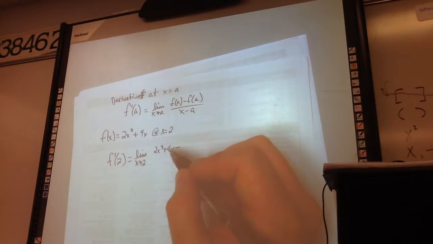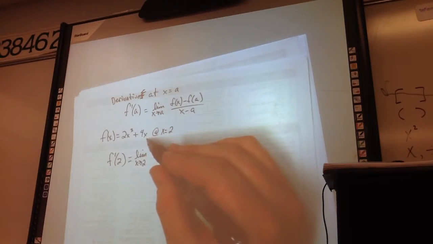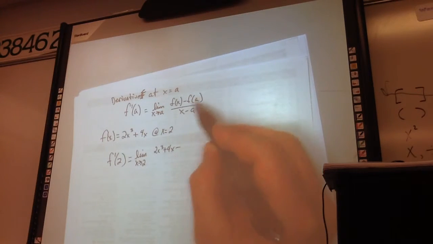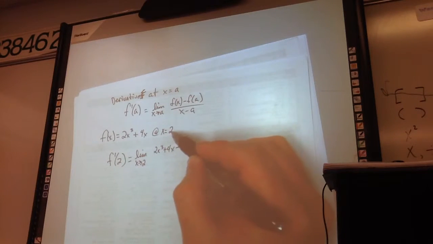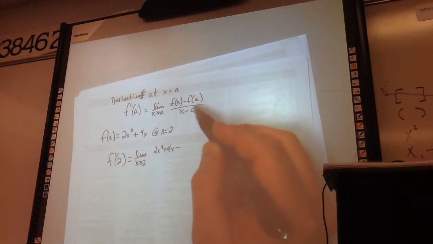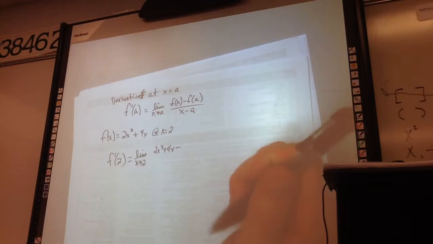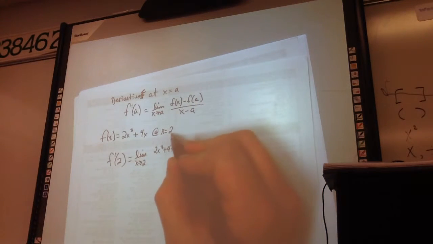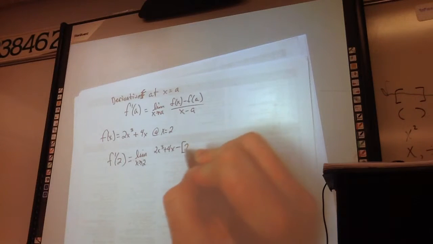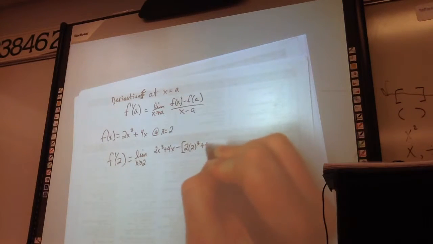What is that? It's just plugging 2 into the equation. f of a would be f of 2, the value of the function when x equals 2. So you plug 2 in: 2 times 2 to the third plus 4 times 2.